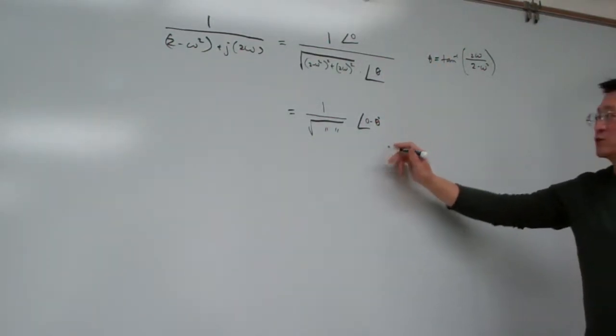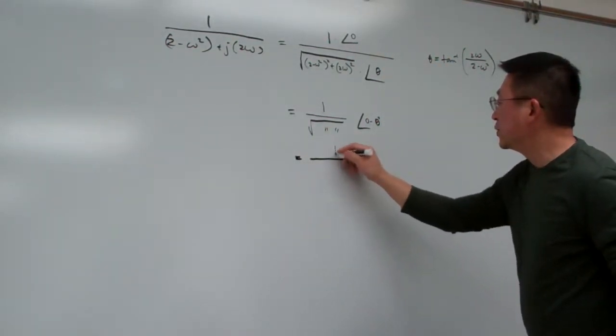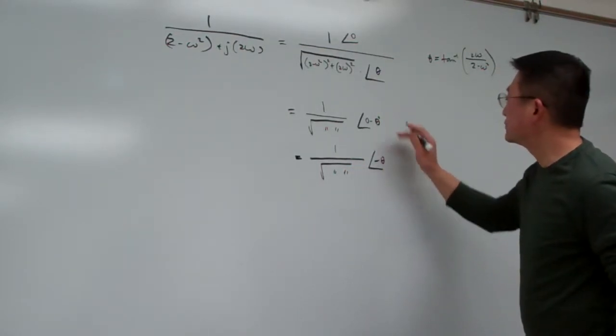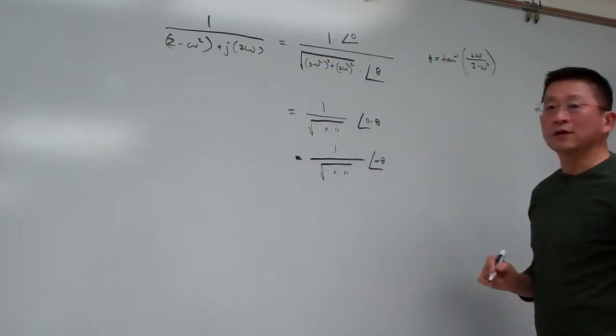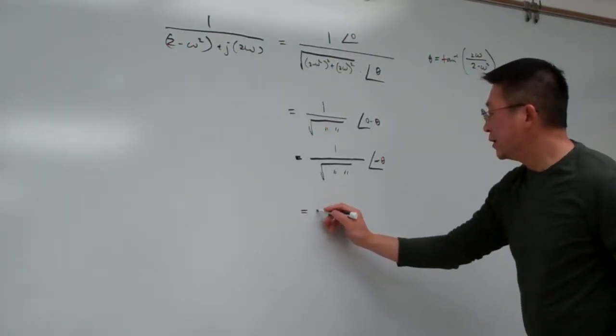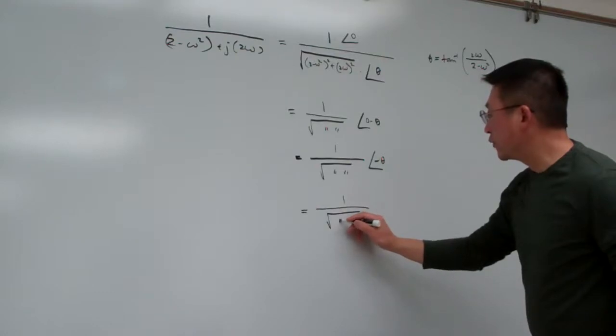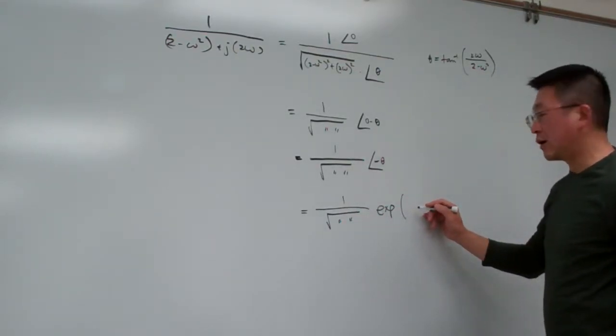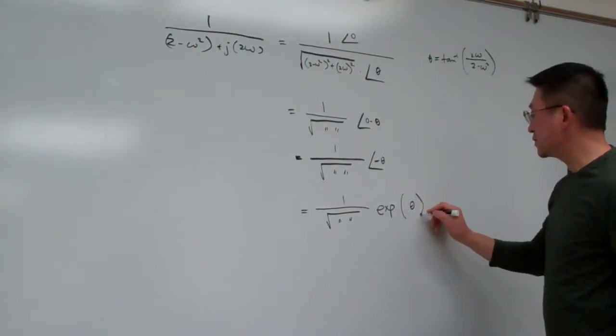So basically that is this, and then minus theta. If you really want to write it in the formal way, that is the exponent and arctangent, so you simply put the arctangent here.